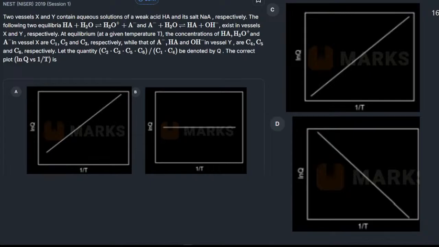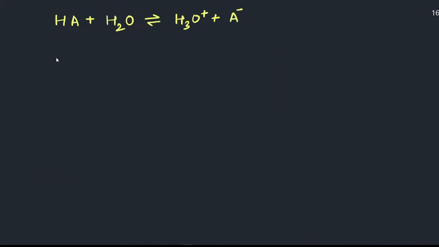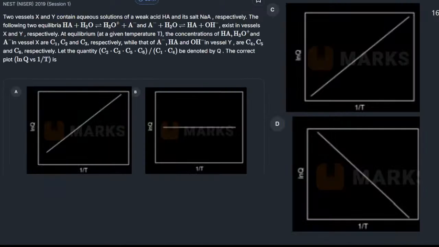So the first equilibrium is HA plus H2O to give H3O plus and A negative. So Ka. In this case at equilibrium, concentrations are given as C1, C2 and C3.